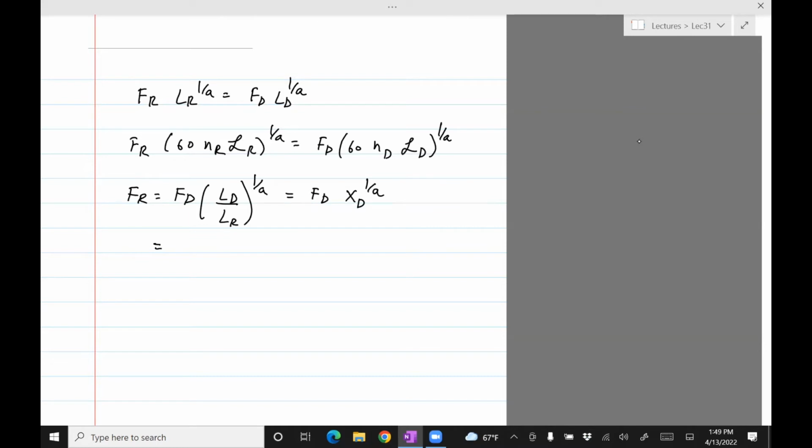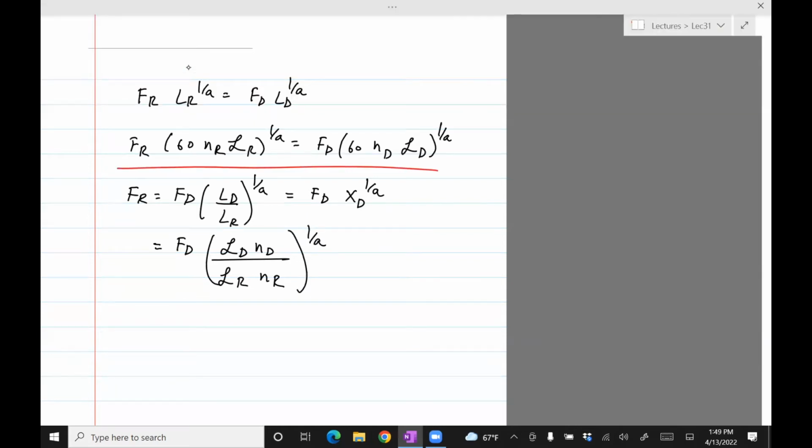Or you could also write this as F_D times the abbreviated L_D N_D divided by abbreviated L_R N_R. These are the formulas which you should know.